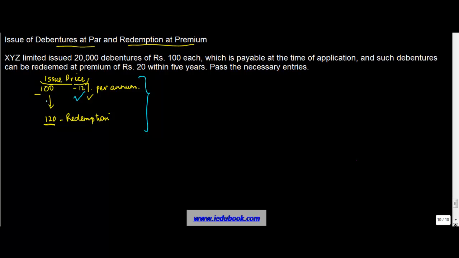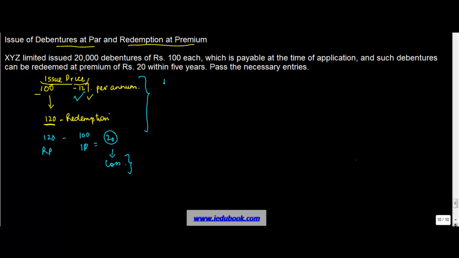Now this difference of 20, namely the redemption price minus the issue price, is basically a loss that the company has incurred on issue of debentures. So how do you account for this? Let us see.